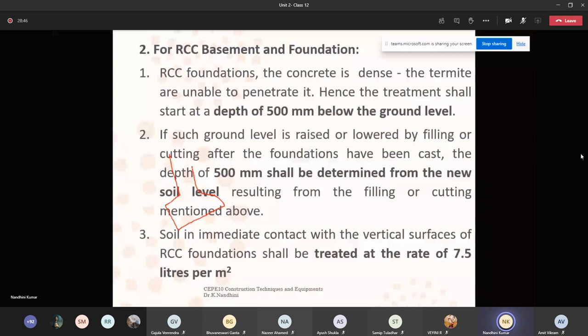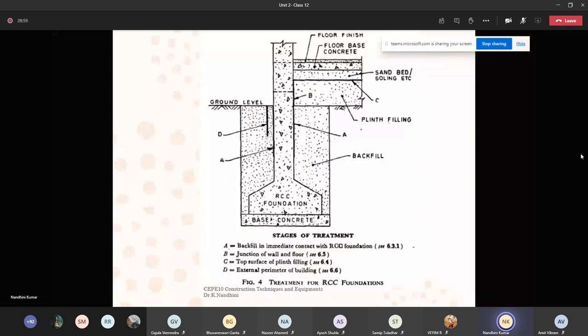This is the vertical contact, whereas this is the horizontal contact. This vertical contact should be treated with 7.5 liters per meter square. You see, this is our RCC foundation. We have provided the base coat. Through the sides, the horizontal and the vertical member, we are going to provide these insecticide treatments.